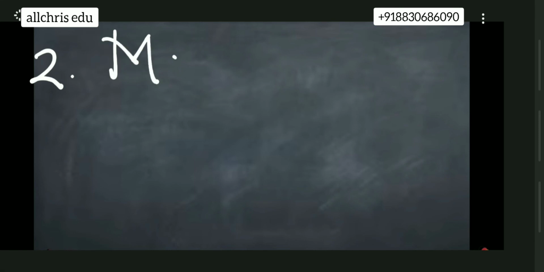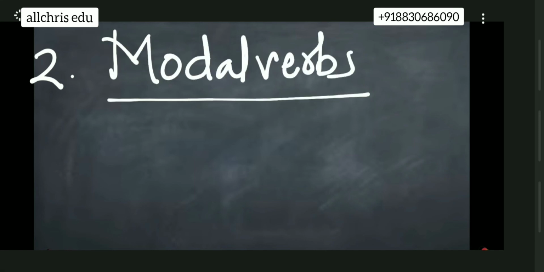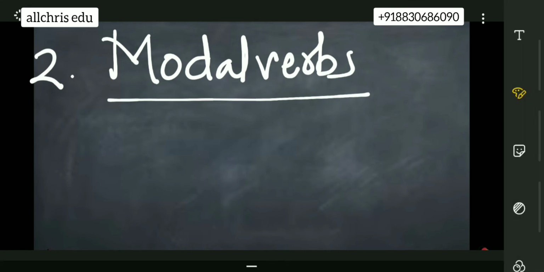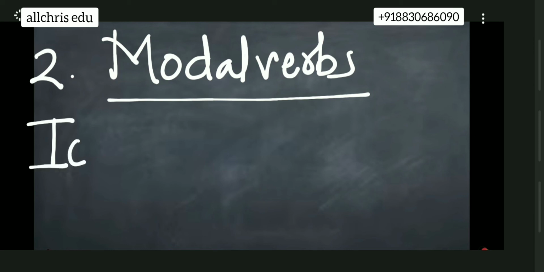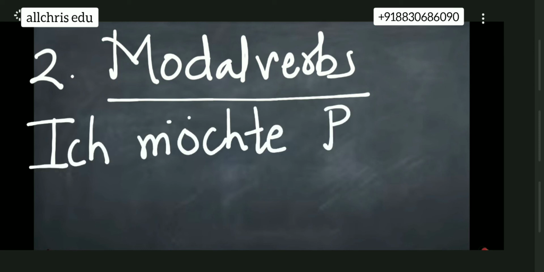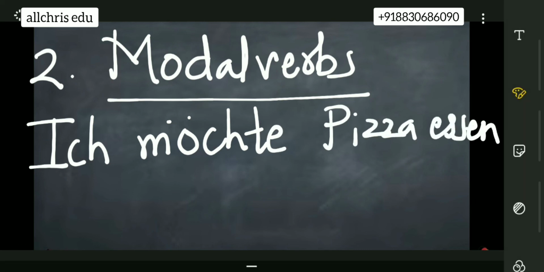So perfect form we saw. Now when the modal verbs are in the picture, modal verben we say in German, the sentence will look like this: Ich möchte Pizza essen. Ich möchte Pizza essen.